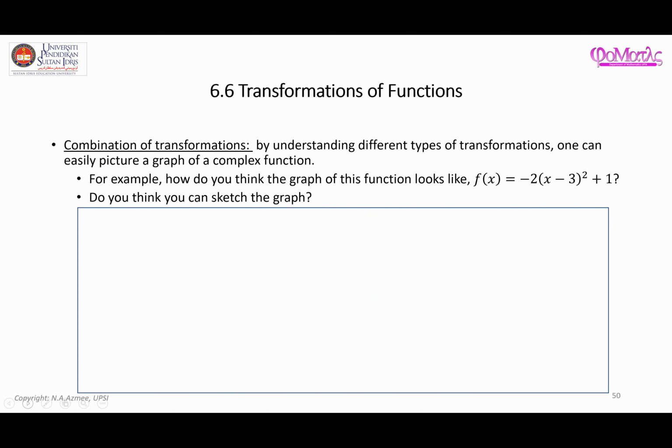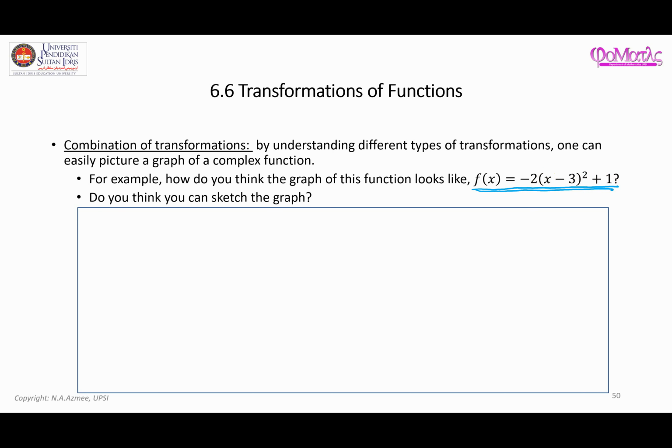So here, this is about combining all the information that you have seen in subtopic 6.6, and we are going to sketch a graph of a function that looks like this. Okay, so when you get a complex function, such as -2 multiplied with x minus 3 squared plus 1, what you should do is start with identifying what's the basic function.